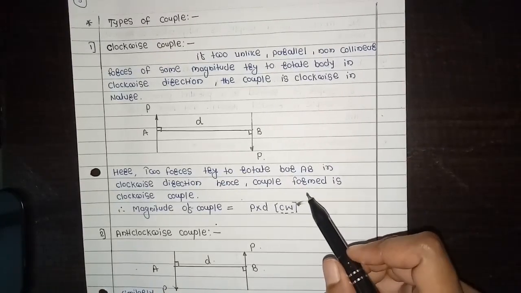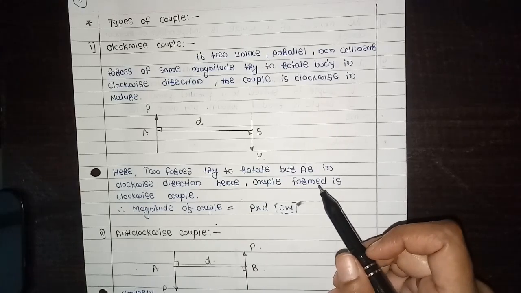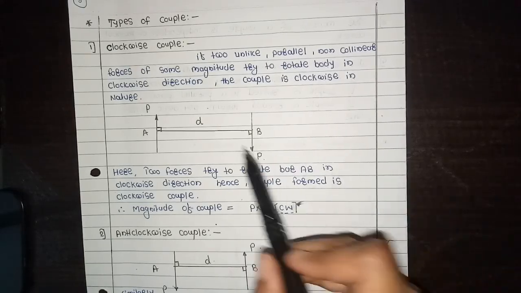Then we will see types of couple. There are two types of couples: clockwise couple and anti-clockwise couple.